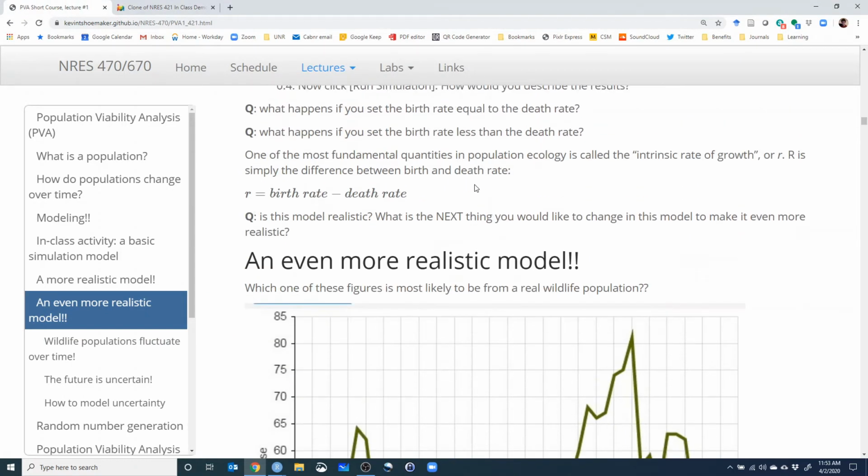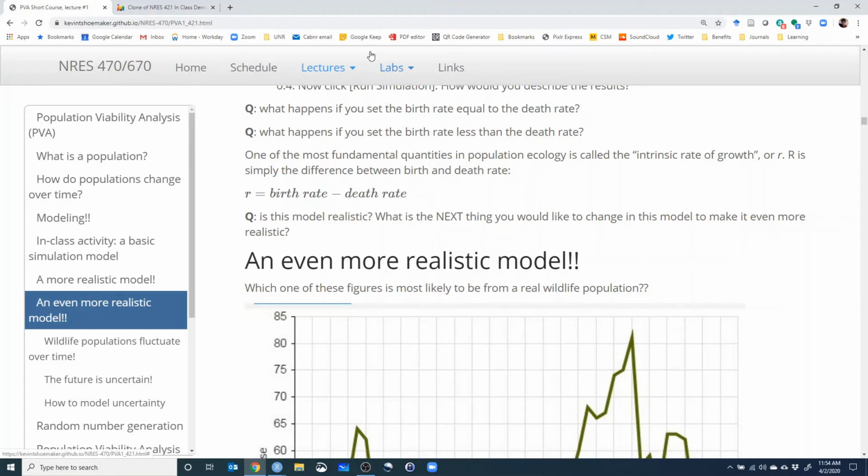Now, there's a very important parameter in population ecology called little r, or the intrinsic rate of growth. And it's just computed as the birth rate minus the death rate. If little r is positive, the birth rate exceeds the death rate and the population exhibits positive exponential growth. If little r is negative, then the death rate exceeds the birth rate and the population exhibits negative exponential growth.